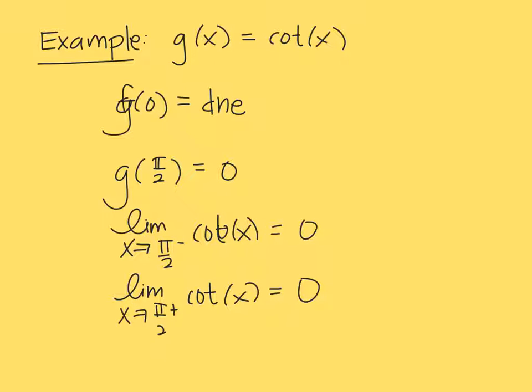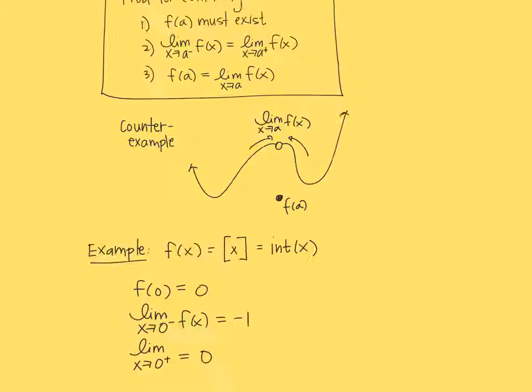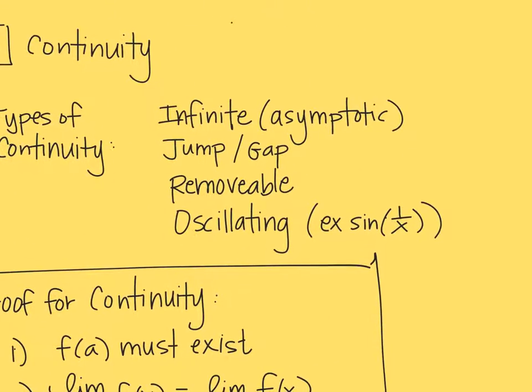Okay, so the discontinuities like infinite are easy to find because they deal with the denominator. Jumps and gaps are piecewise functions, so by definition you should be able to spot those pretty quick. Removable, that's going to come where you have to factor.